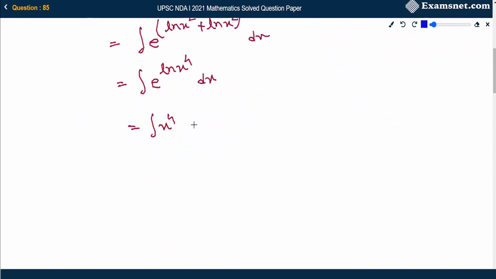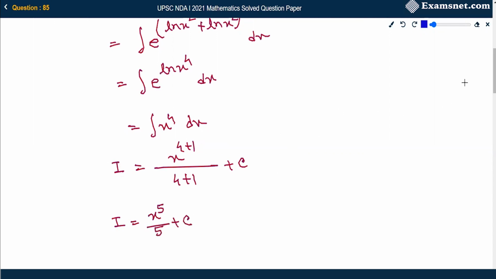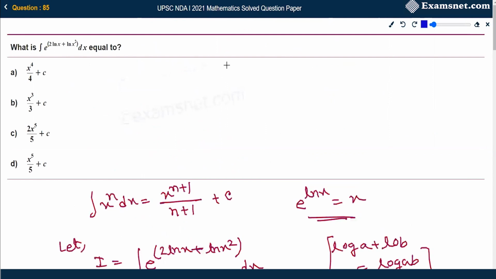So it becomes x to the power 4 dx. So the answer is x to the power 4 plus 1 by 4 plus 1, plus c, where c is the integration constant. So I equals x to the power 5 by 5 plus c. Let's check the answers. Yes, it matches with option D.